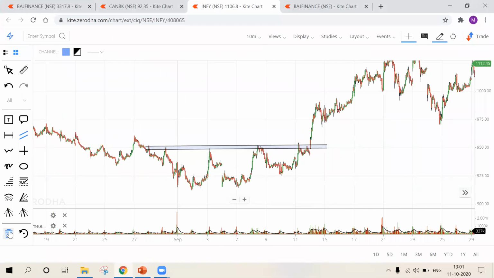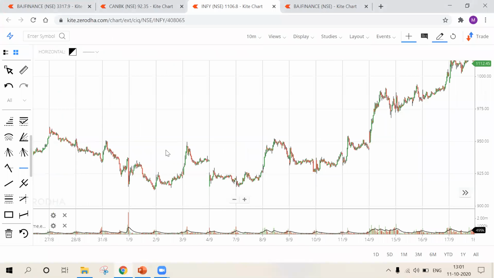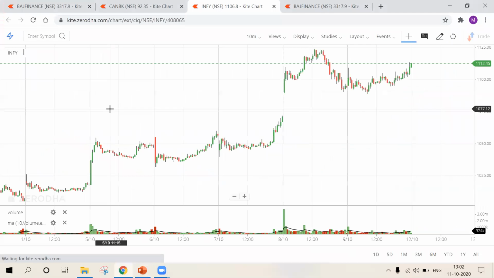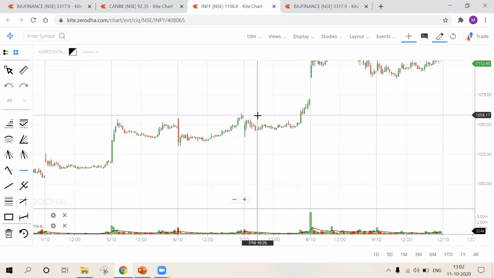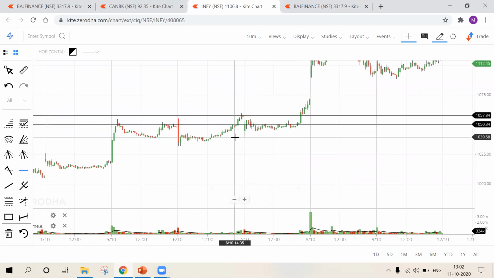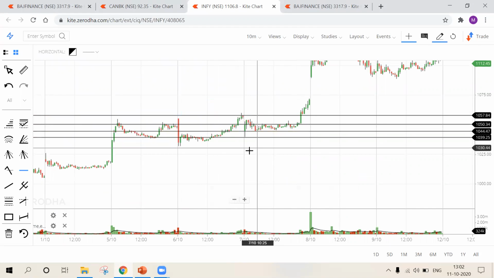I'll explain this. There are few other people who just go and draw all the levels, all the support and resistance levels, and they call them strong support and resistance levels.